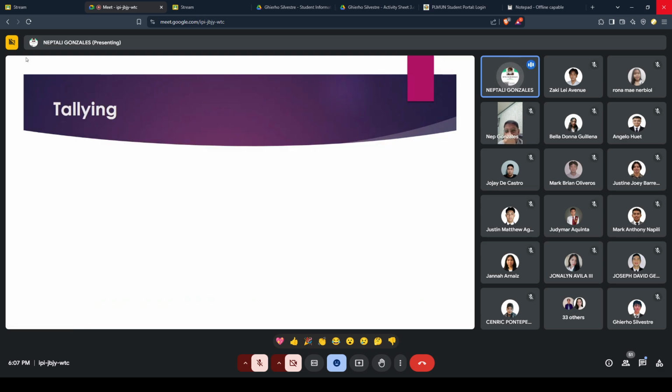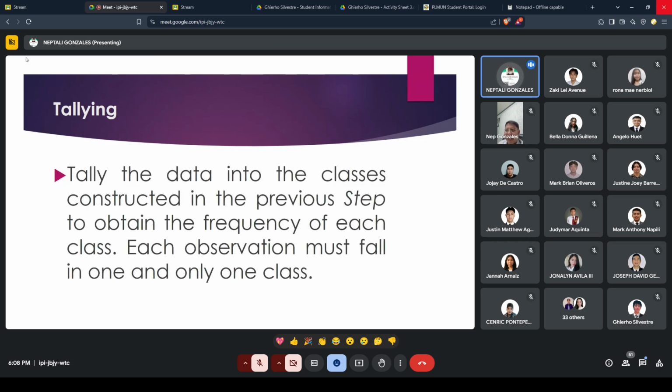Now is the tallying. In layman's terms, frequency is just tallying, just like the manual counting of votes. You will tally the number of frequencies appearing in the data. So tally the data into the classes constructed in the previous step to obtain the frequency of each class.